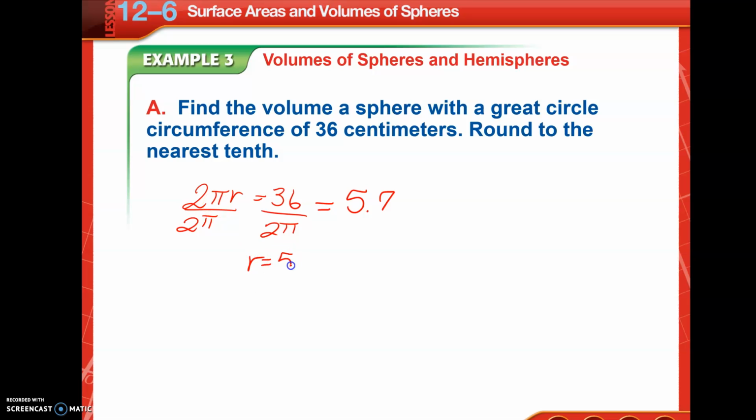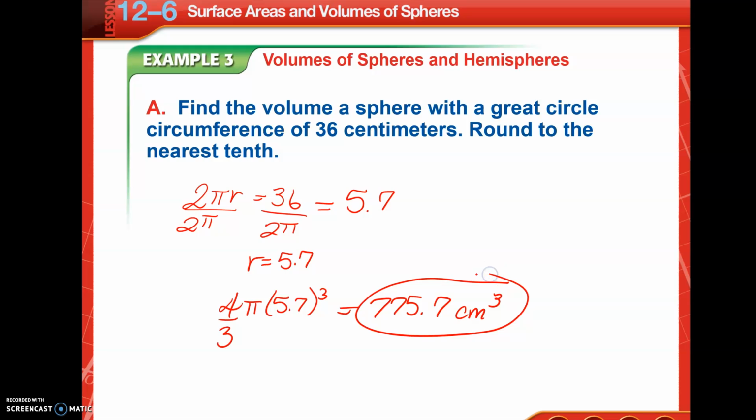And then my volume is 4/3 pi times the radius cubed. So I'm going to do 5.7 cubed first, and then multiply it times pi times 4, and then divide by 3. So I get 775.7 centimeters cubed, because we're talking about volume.